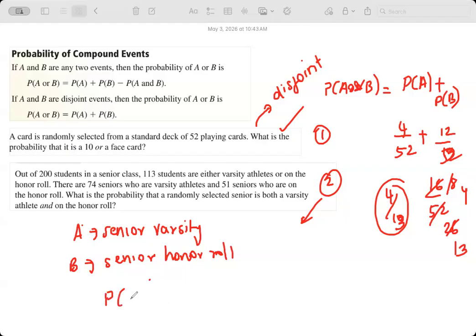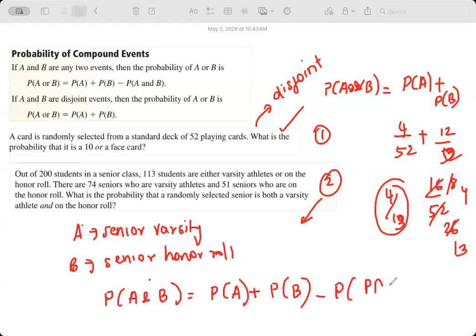Oh my goodness. It will be equal to P of A plus P of B, but we don't know, there can be really overlapping. Overlapping needs to be removed basically. So what is the probability of A and B here? I'm sorry, A or B. We are talking about A or B, right?